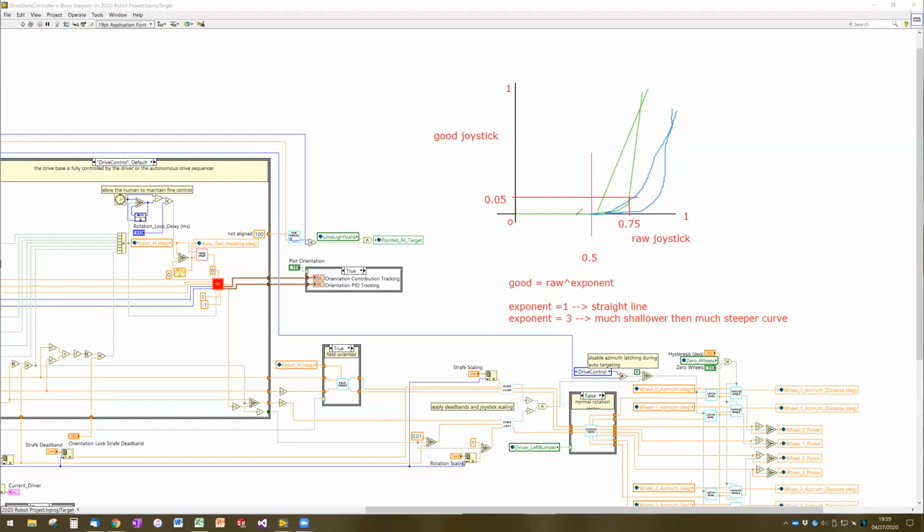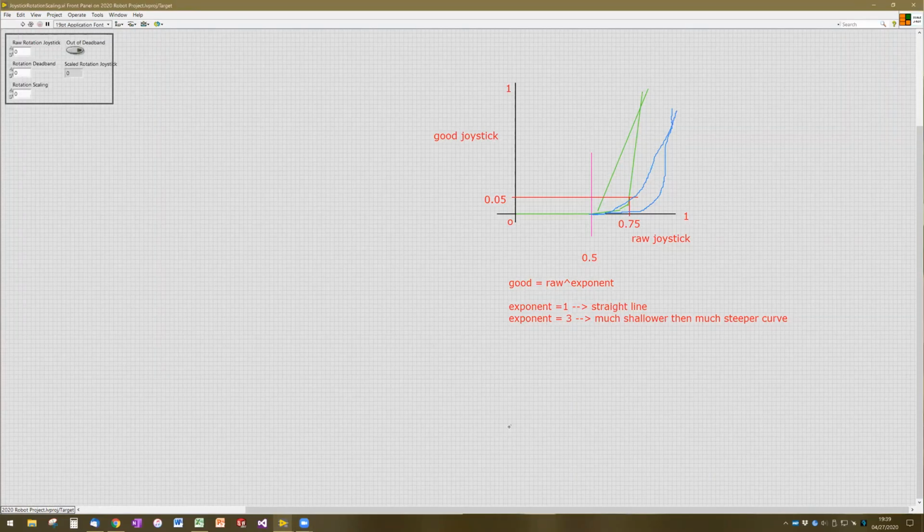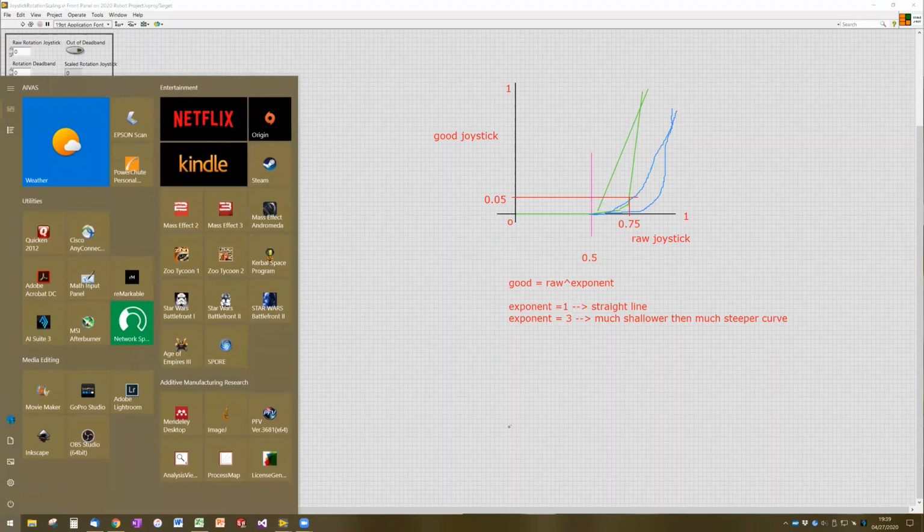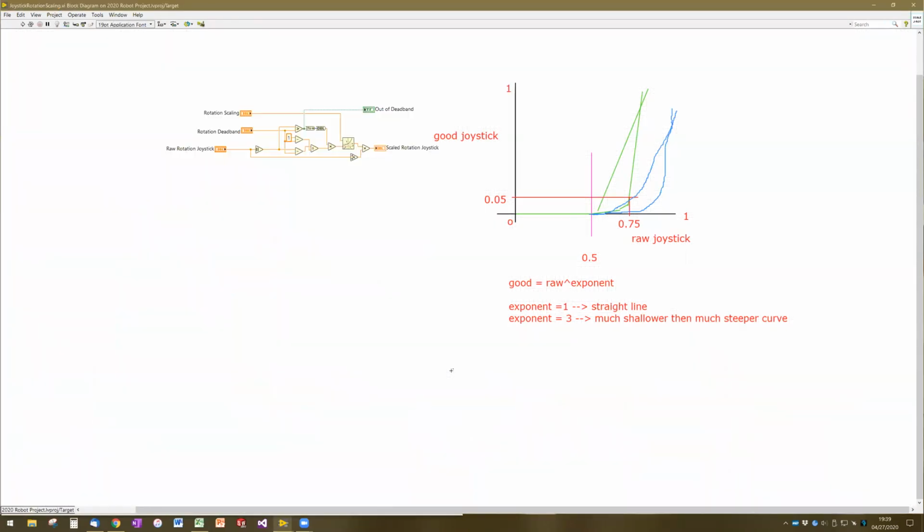Okay, so for the rotation control on the Swerve drive, this is pretty simple. We can directly apply these functions, where this first portion of the code is adjusting for the deadband, and then this block right here is doing the power of, so x to the power of exponent y.